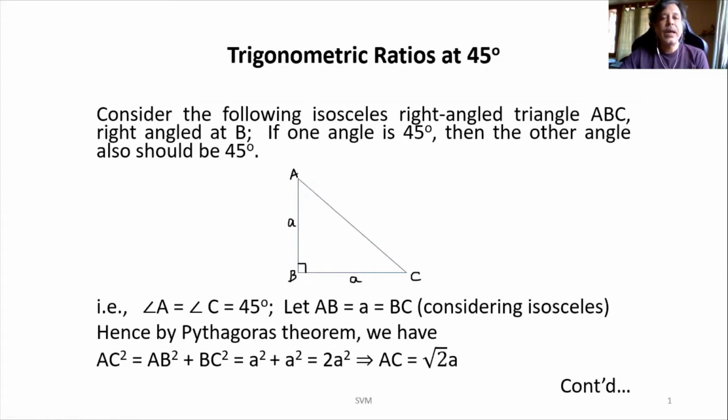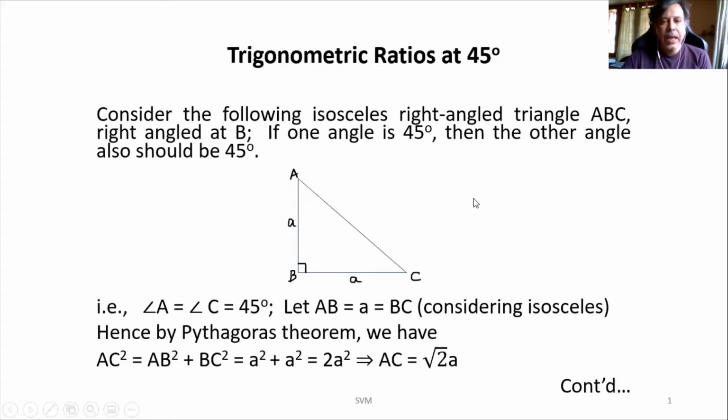Since it is isosceles, two sides will be equal. So we are going to consider this opposite side. For example, if I consider angle A, the opposite side of angle A is this BC, and then the adjacent side of this angle A will be AB, right?